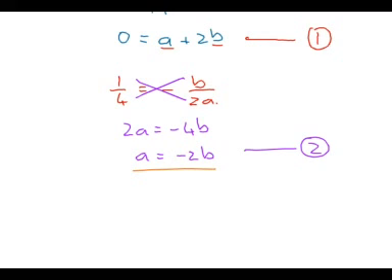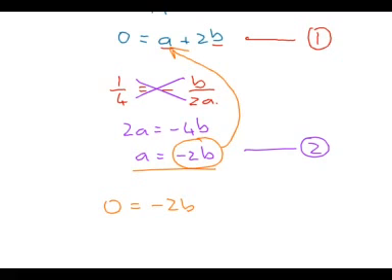You're quite right, but we are lucky. We already have it solved for a. So then you just take what a is equal to and you substitute it into the first. So we substitute it into equation number 1, which will give us minus 2b plus 2b is equal to 0.